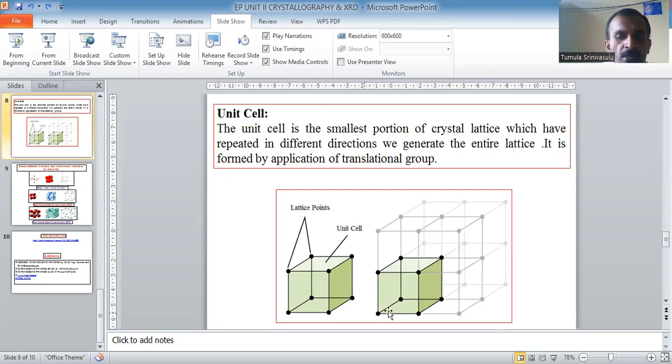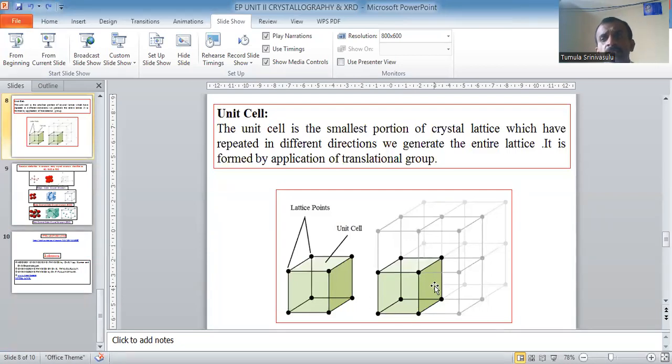That means the smallest measurable portion in the entire crystal structure is known as the unit cell. So see this unit cell diagram. In this entire structure, a large number of unit cells are there. This is the first unit cell, second, third, fourth, fifth, sixth, seven, eight. In one simple cubic structure, 8 unit cells are there.